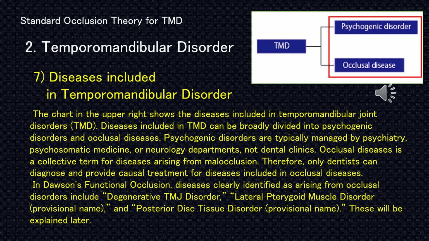Occlusal disease is a collective term for diseases arising from malocclusion. Therefore, only dentists can diagnose and provide causal treatment for diseases included in occlusal diseases. In Dawson's functional occlusion, diseases clearly identified as arising from occlusal disorders include degenerative TMJ disorder, lateral pterygoid muscle disorder (provisional name), and posterior disc tissue disorder (provisional name). These will be explained later.